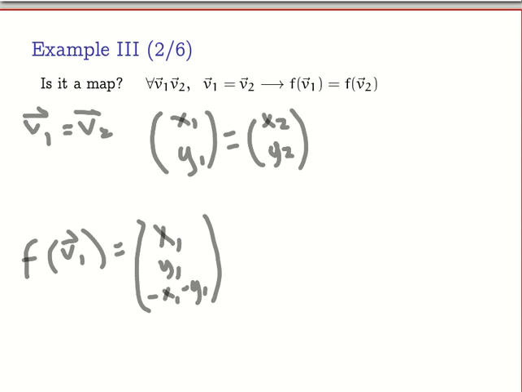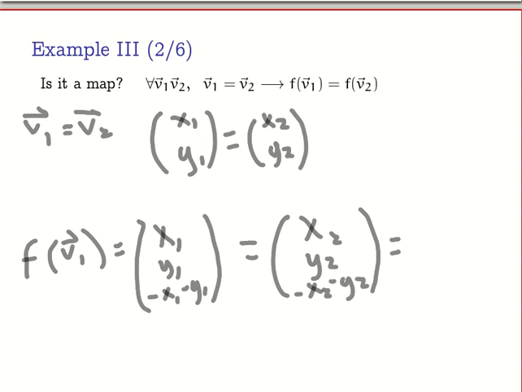Since x1 equals x2 and y1 equals y2, we know that this is equal to (x2, y2, minus x2 minus y2), because x1 has to equal x2 and y1 has to equal y2.